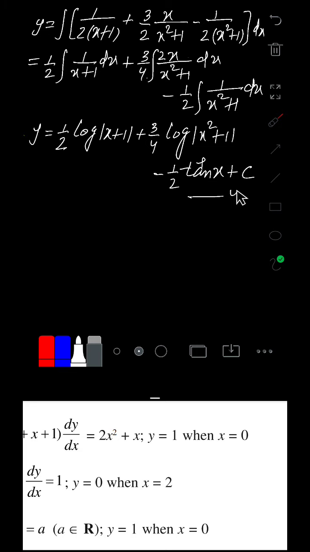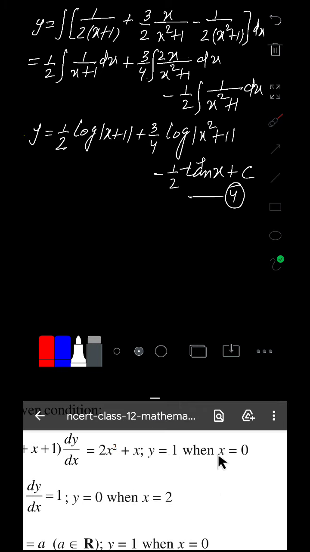Let it be equation number 4. Because we need to find out the particular solution with the help of the given initial value condition, we have to apply this initial value condition, that is, y is equal to 1 when x is equal to 0.